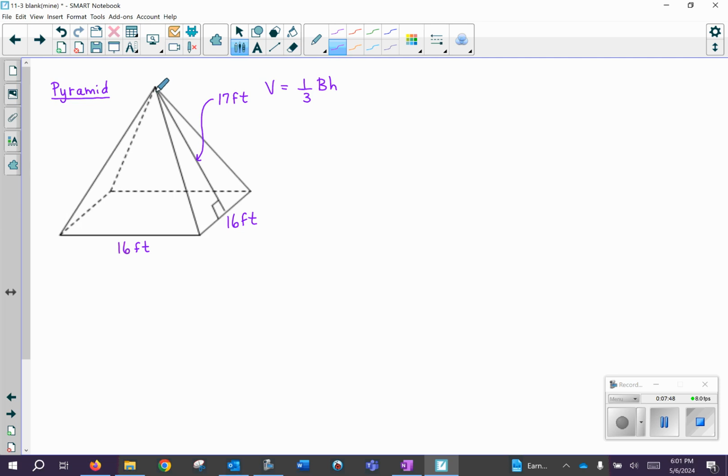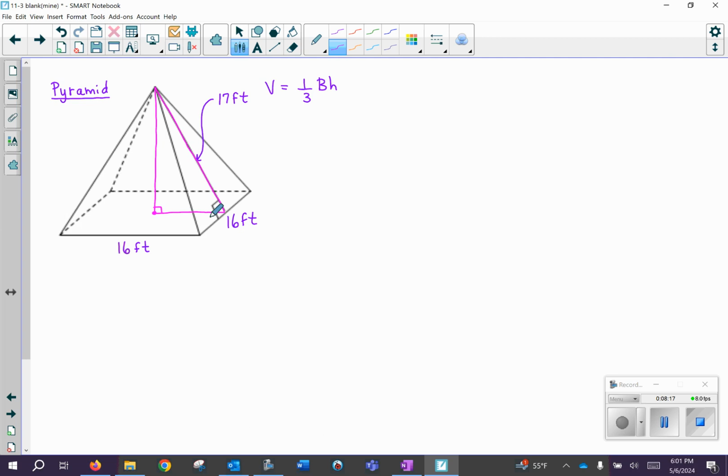We said by definition, height comes straight down from there, goes to the middle of this base, and meets at a right angle. Well, if it's meeting at a right angle, we're talking about this part being a right angle. And if you look at this triangle that I'm now highlighting in pink, this right triangle, you know 2 out of 3 of those sides. The hypotenuse for the triangle is 17.